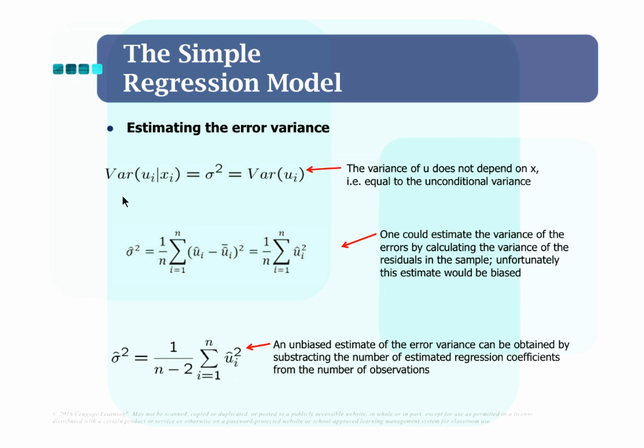So how to estimate this sigma squared? Recall that sigma squared is the variance of ui conditional on xi. But SLR5, the fifth assumption, states that xi contains no information about the variability of ui, so it equals the variance of ui itself.